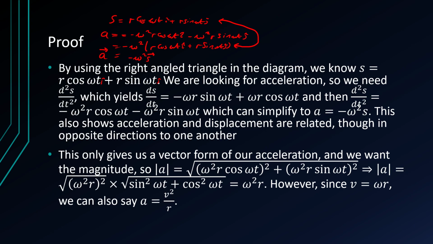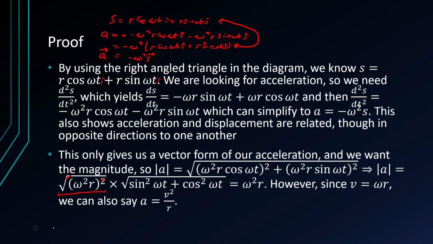If we bring the algebra terms and the trigonometric terms out, we get omega squared r squared under a square root. So actually these cancel. And then we get sine squared omega t plus cos squared omega t.